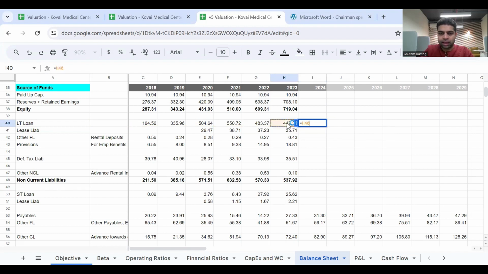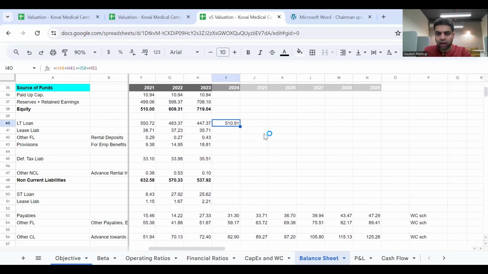Let me add this with this. Long-term loans, lease liabilities plus short-term loans plus lease liabilities. And for now, we're going to change this in the future, I'm going to assume that this is the total debt, that is both loans and lease liabilities. This is the total that they have on their books across all the 6 years. And we'll come back and definitely change this assumption.